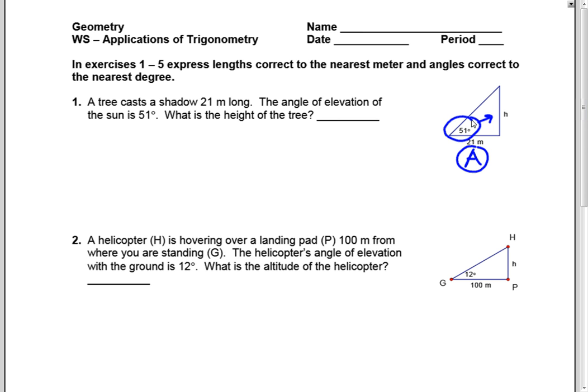Opposite. The only things that can be an opposite side or an adjacent side in our problems are the legs. If you get confused with labeling, I always use a capital H for hypotenuse and a lower case h for height. Don't get those confused.